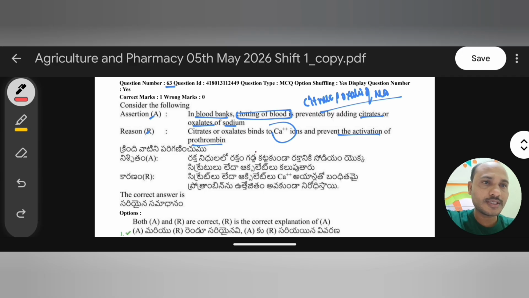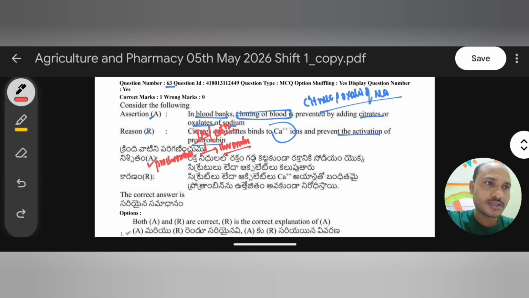In general, when there is an injury, blood coagulation occurs, in which calcium plays an important role. There is one enzyme called thrombokinase, which converts prothrombin into thrombin. Along with thrombokinase enzyme, calcium also plays an important role in the conversion of prothrombin into thrombin.